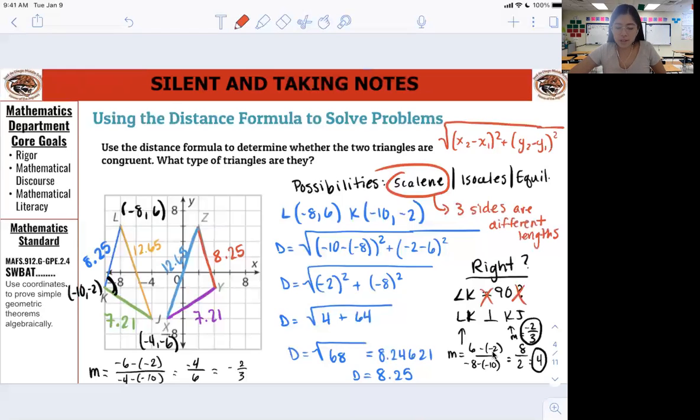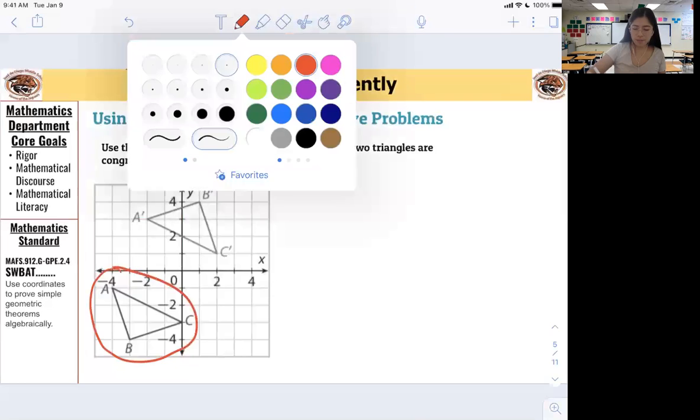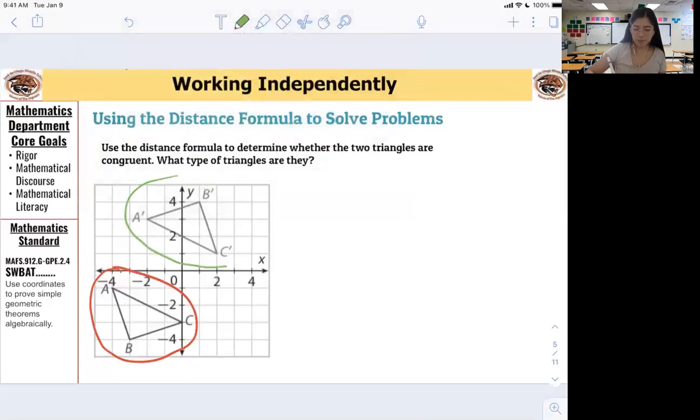All right, let's do another one. Very similar. This time, I'll split you guys into two groups. Group A will just be working on the red triangle, and group B will just be working on the green triangle.